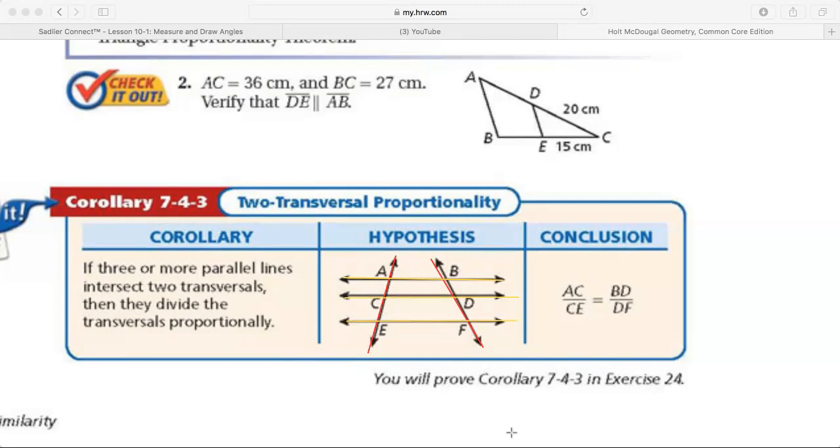Then they divide the transversals proportionally. So now I have AC over CE is proportionally equal to BD over DF.